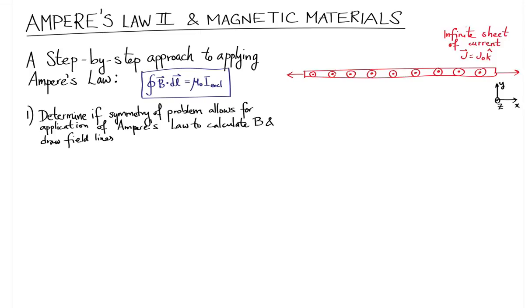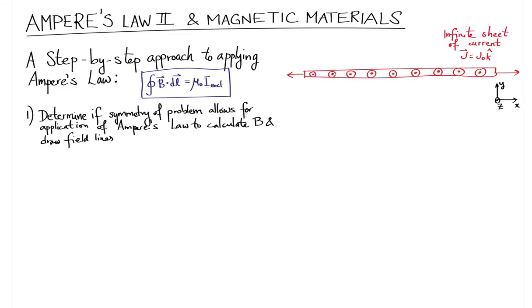So basically we have this relationship, Ampere's law, which says that the integral of the magnetic field around some closed loop is going to be equal to this constant mu naught times the net current enclosed in that loop. Now, Ampere's law is very analogous to Gauss's law for calculating electric fields.